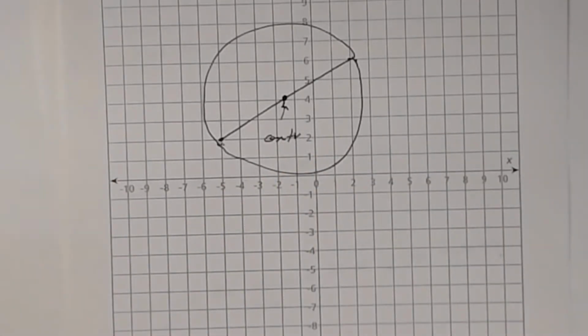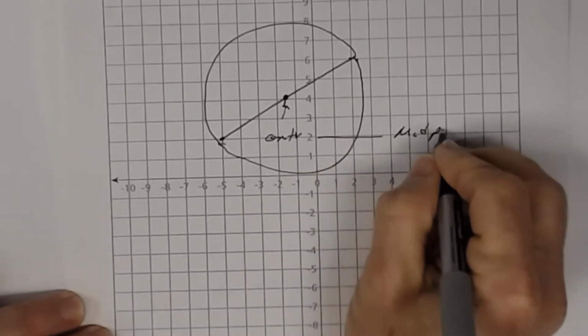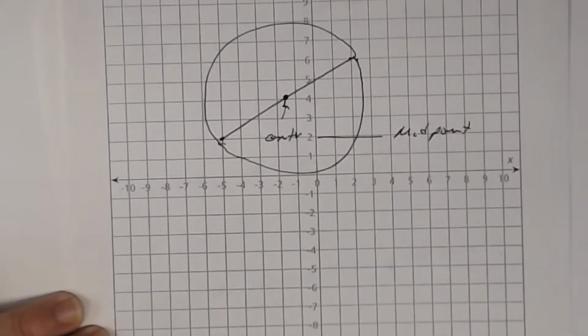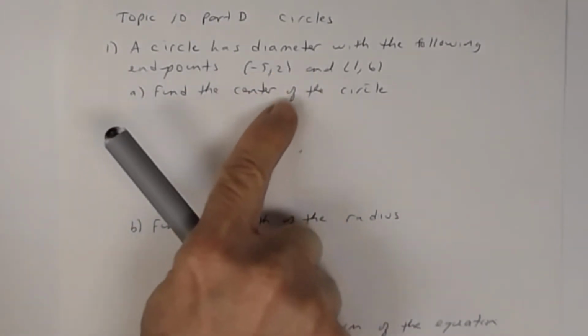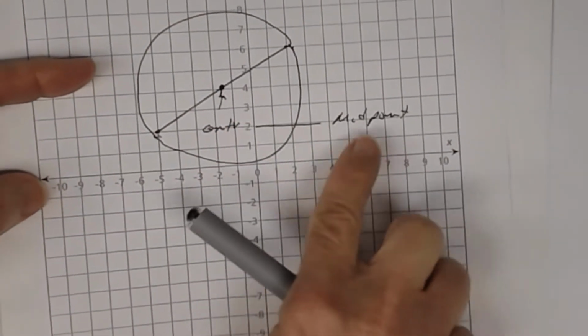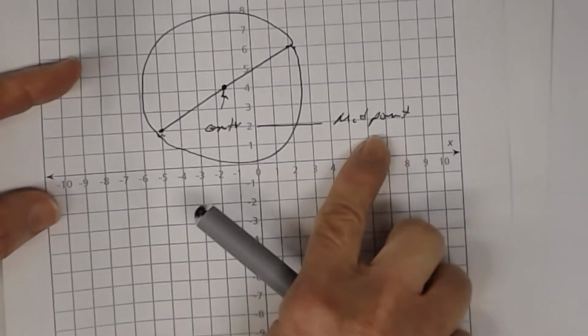So your center is the midpoint of the diameter. Now I think you know what to do. If I want to find the center of the circle, that is just the midpoint, so you're going to use the midpoint formula.